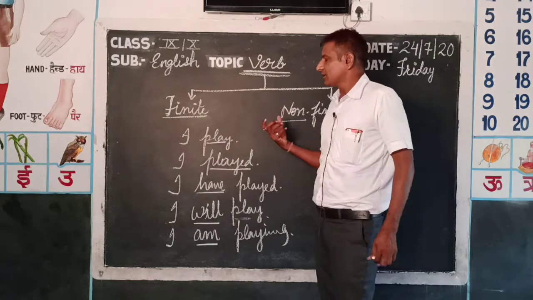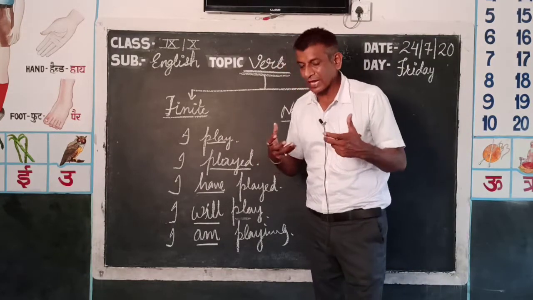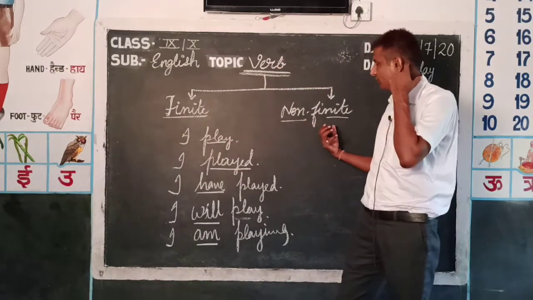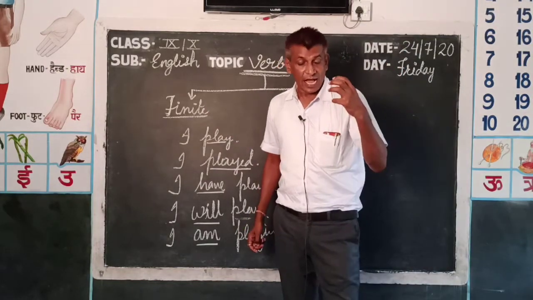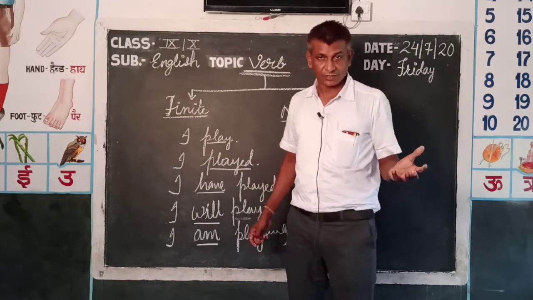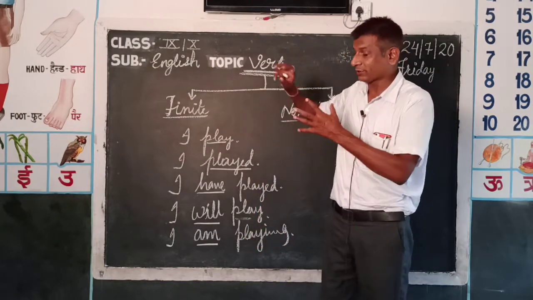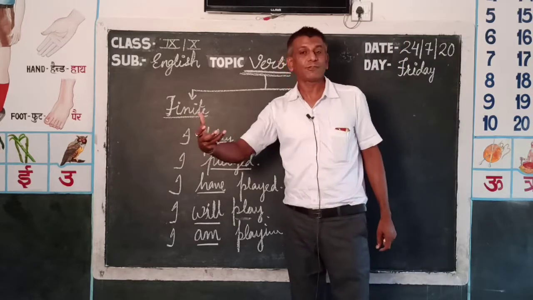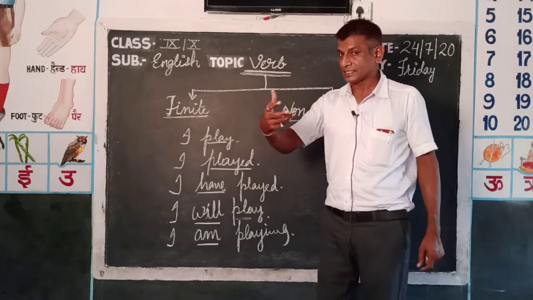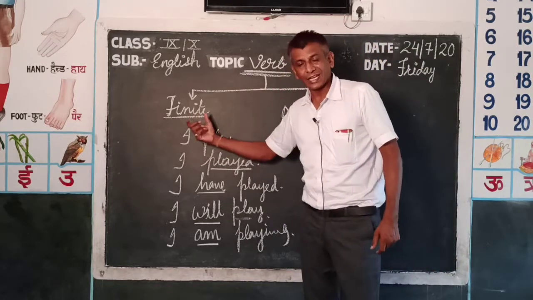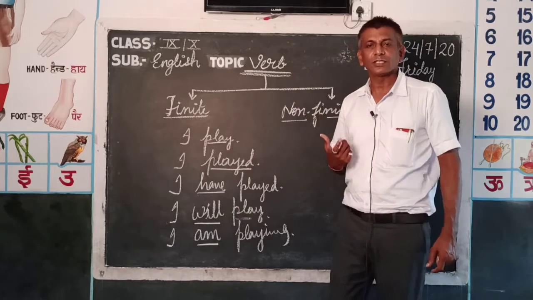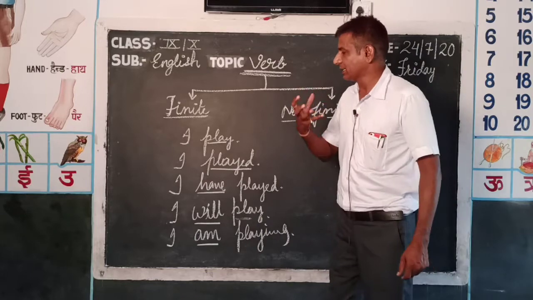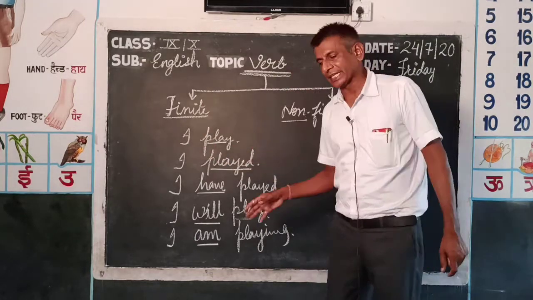So with these terms, you can now understand the finite and non-finite verb. I have told you only identification. I have not told you the use of the finite and non-finite verbs. First, this is how you identify a finite verb: the first verb in a sentence is called the finite verb, whether it is present, past or any other.